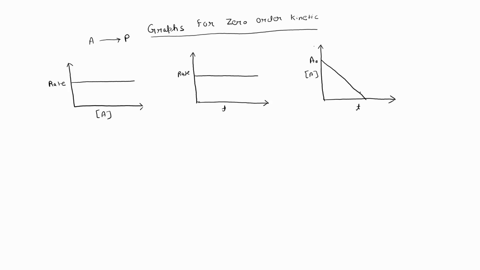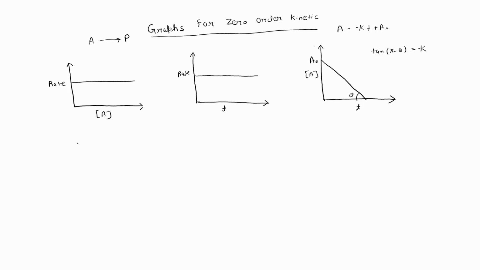The slope of this line, that is tan of (pi minus theta), should be minus k, because the formula is A is equal to minus kt plus A naught. You can see directly from this equation that concentration of A decreases over time.